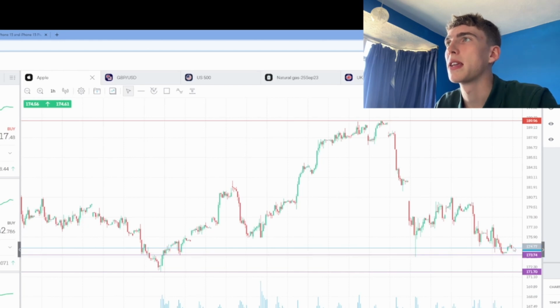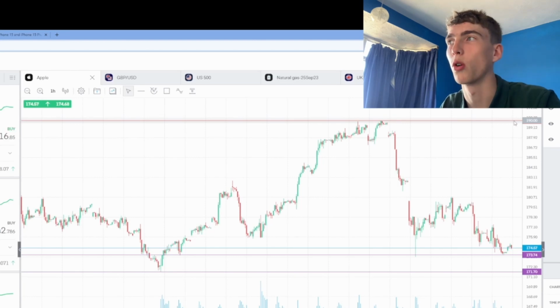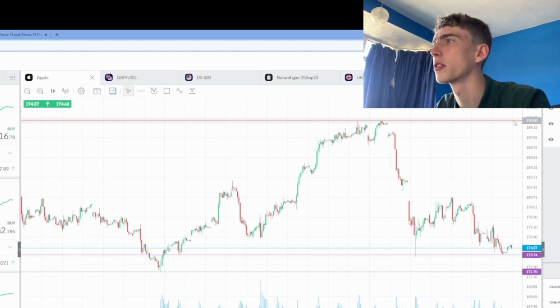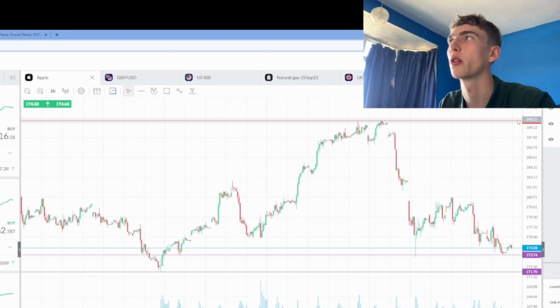So if we were to make it up to this level of resistance, which I don't think is unreasonable to expect given the short-term future of Apple as a company, I think we're looking at $174 per share to $190 per share. That's a $15 per share increase.